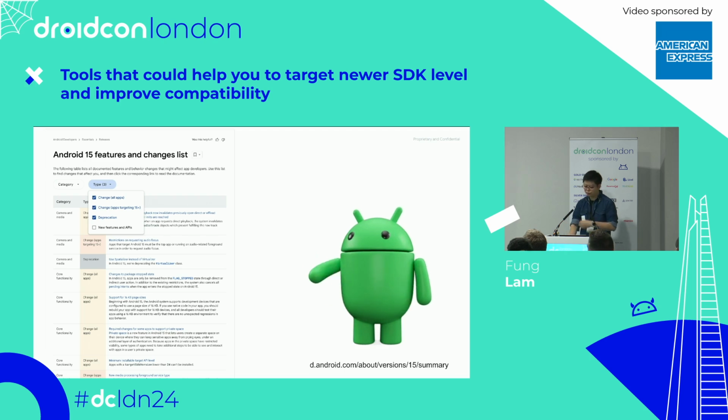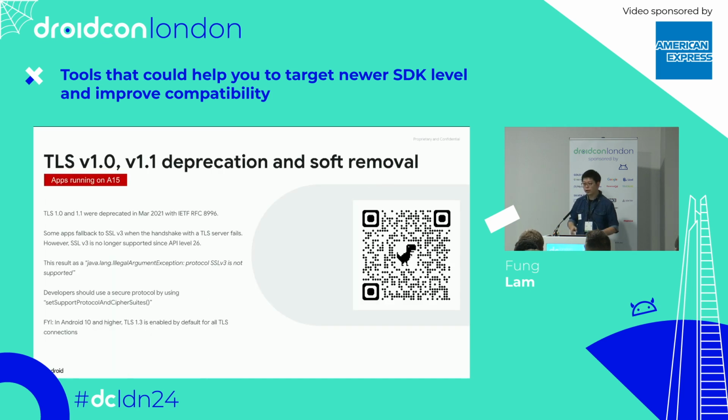If you go to developer.android.com, we have a very long list. You can see there are changes that only target Android 15 or changes that apply to all apps. Why we are doing this: for some cases, for example, it is about security. If you are making HTTPS connections, you must be familiar with TLS or SSL.